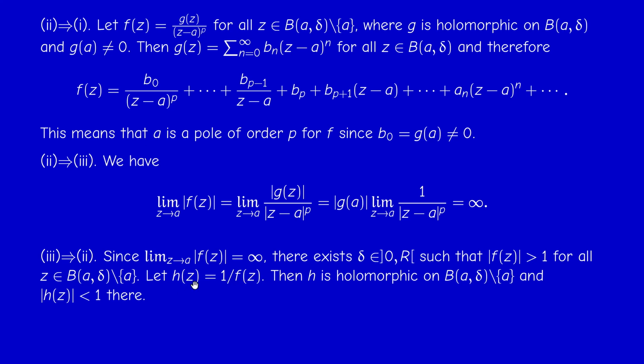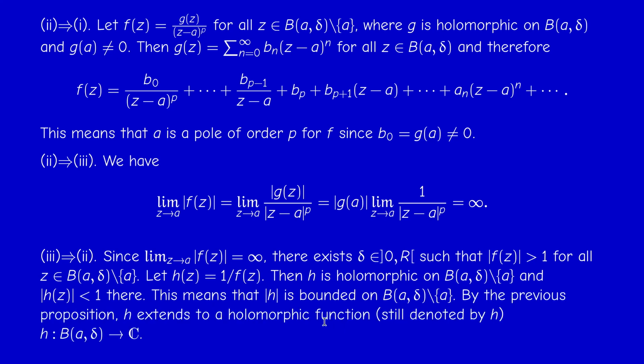So the inverse of f is holomorphic, and it's less than 1 on this punctured disk of radius delta. And according to the previous proposition, the modulus of h is bounded. Therefore, a is a removable singularity, and we can extend h to a holomorphic function on the whole disk.